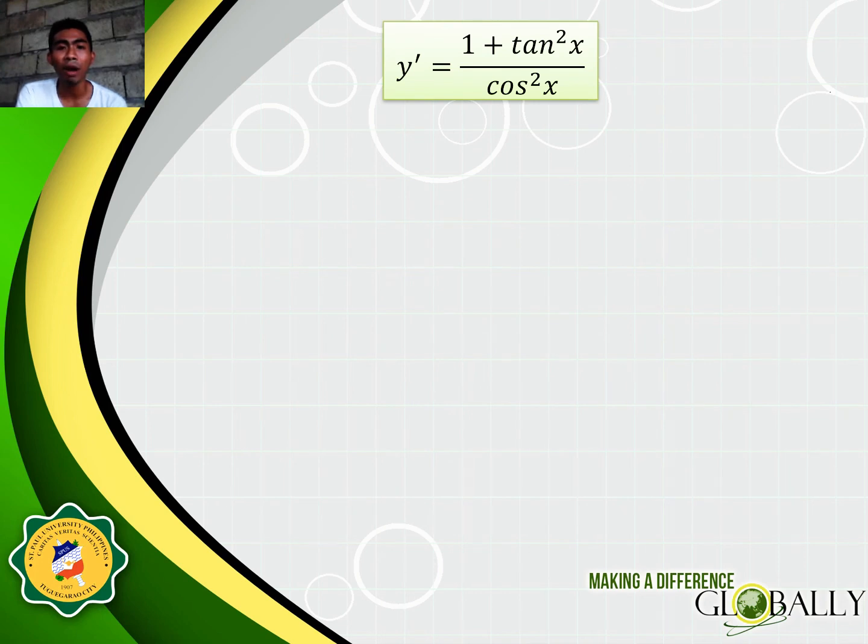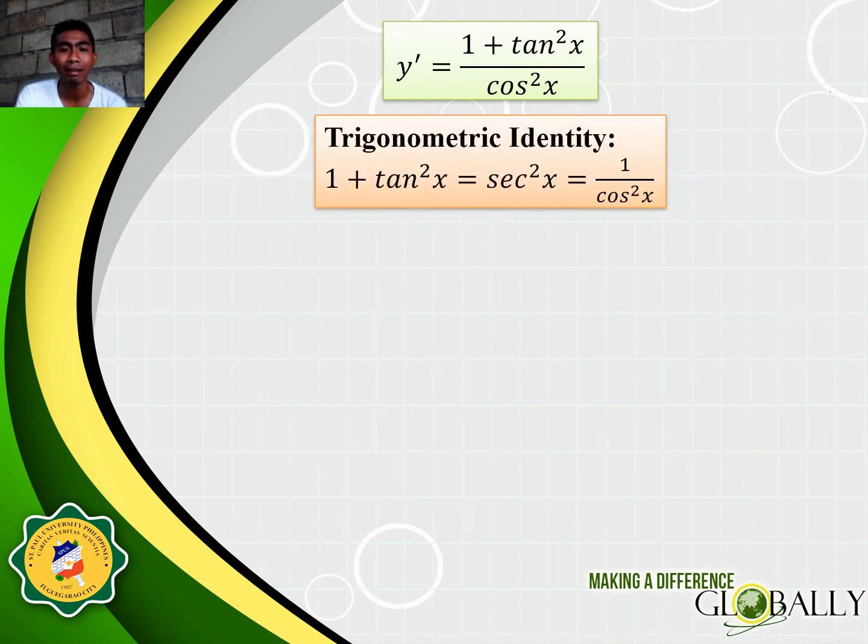We can simplify the numerator of y prime equals 1 plus tan square x over cosine square x using the trigonometric identity 1 plus tan square x equals sine square x plus 1 over cosine square x. We have y prime equals 1 over cosine square x over cosine square x.